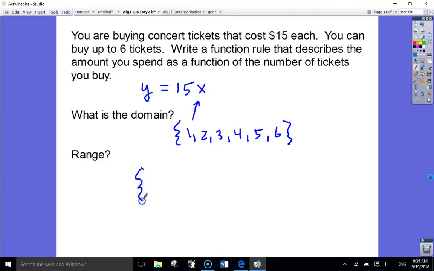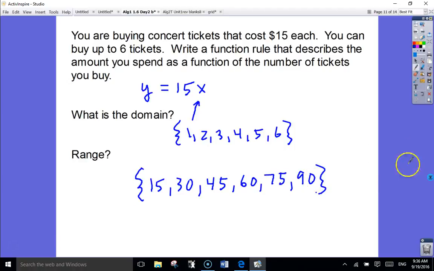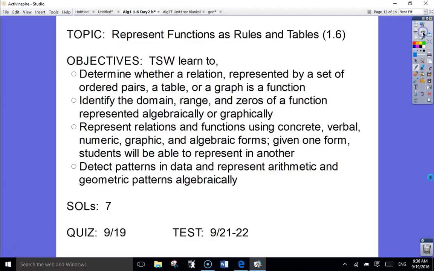The range is, the first one would be 15. We already said 3 of them. Now, if you don't know it, you plug it in the calculator, right? What's 15 times 4? 60. 5, 75. 6, 90. So that's all the possibilities of how much you're going to have to spend. So bring the money or bring a credit card. And that's it.